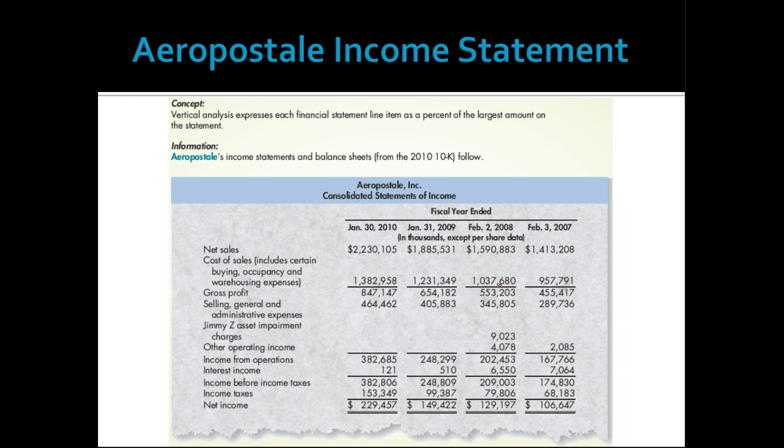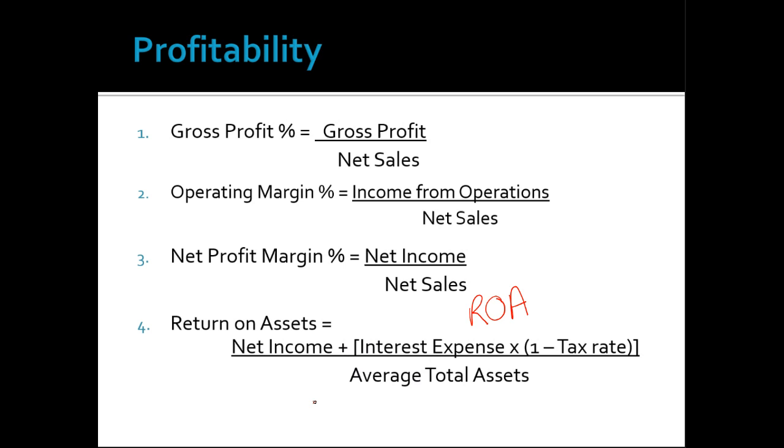All right, so we have net income plus interest expense. This is Aeropostale, and Aeropostale has no interest expense because it has no debt. So this nicely complicated little ratio is not so complicated when it comes to Aeropostale, is it?